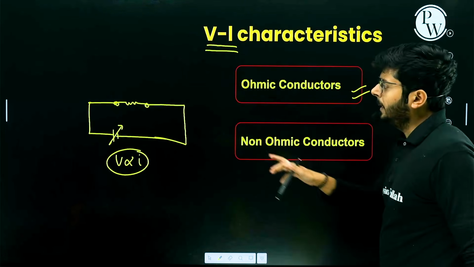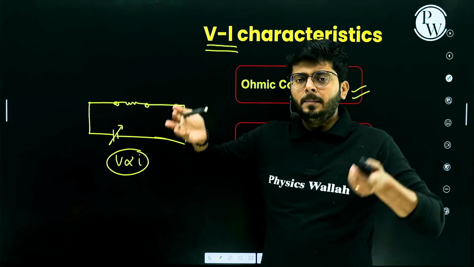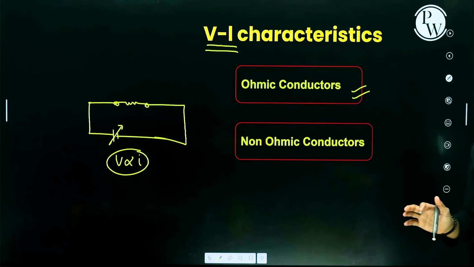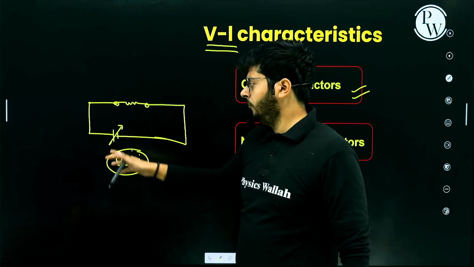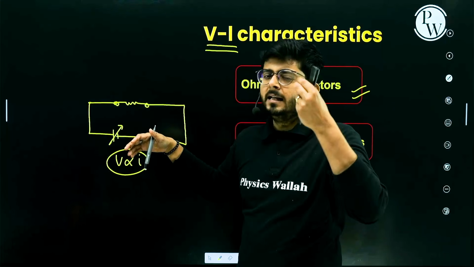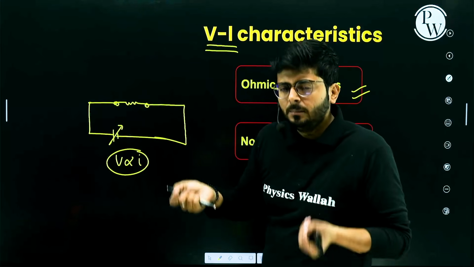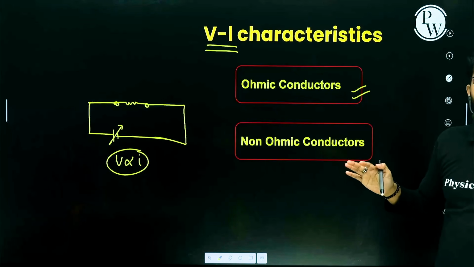And similarly, between these two terminals, I can also connect another element or conductor which is not following Ohm's law. That means if you double the voltage, the current is not doubling. Let's say if you double the voltage, current increases by 10%. If you increase the voltage 10 times, current increases by 40%, like that. So you see that current is increasing, but not in proportion, right?